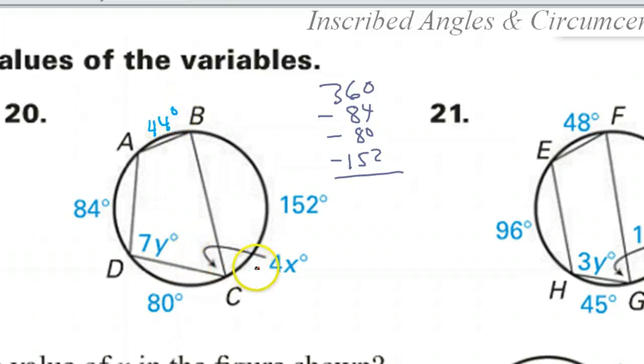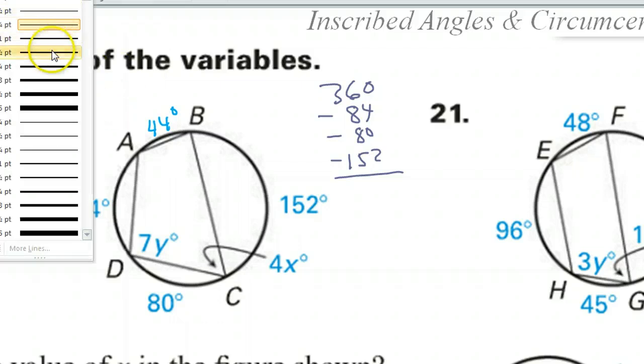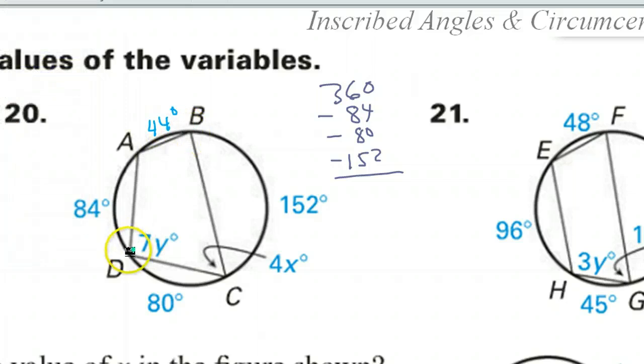Now, with that in mind, we should now be able to find the measure of angle C, because look at this. If we look at this arc right here, I'm talking about arc DAB. That is the arc that goes with this inscribed angle.